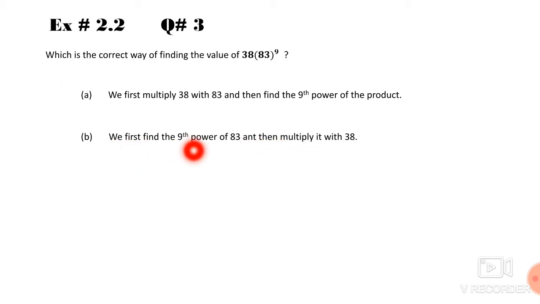Here second part is the correct option because to solve it we will follow the BODMAS rule. According to BODMAS rule, we have to solve bracket first. So we have to solve this bracket first. We will find the ninth power of 83 first and then multiply it with 38. It means part B is the correct answer.